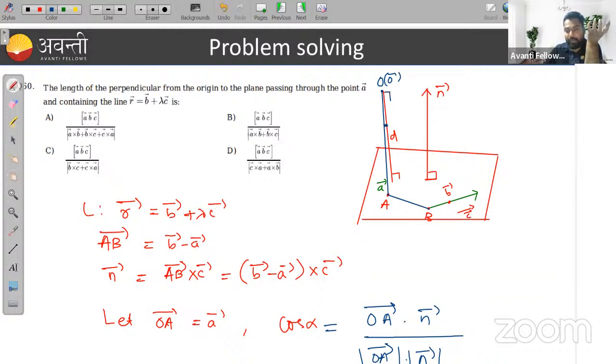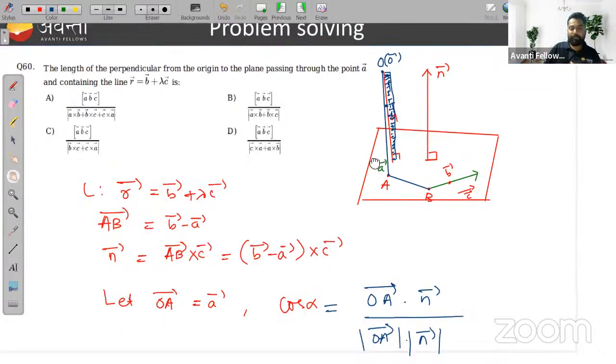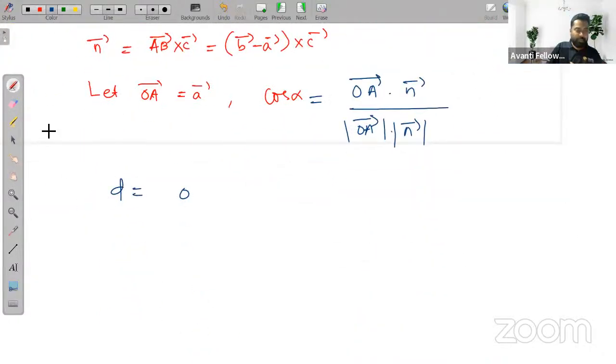This will be D. If you understood all these concepts, then you can understand this. Here we are taking the projection of OA along the normal vector, which gives this length. Is that clear?